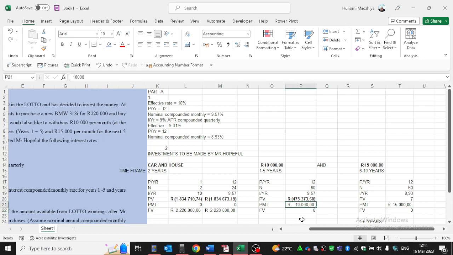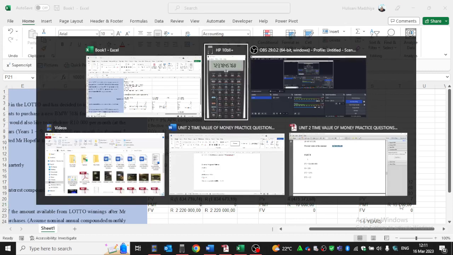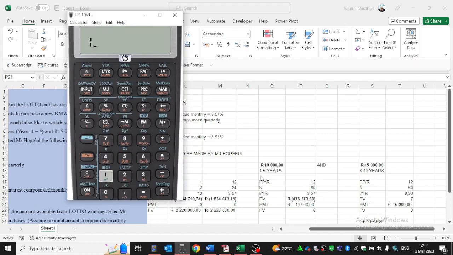The 15,000 is only an outflow for the bank, but it's an inflow to Mr. Hopeful because he's the one withdrawing. So here we can say 15,000 is an inflow, and then calculate the present value.